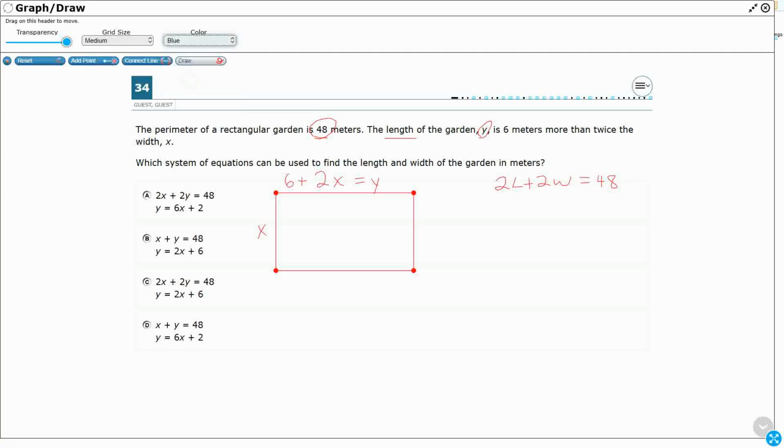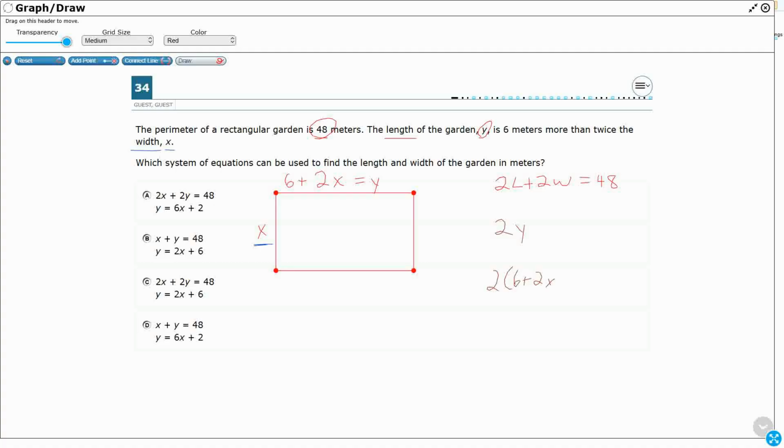Well, let's change colors here. Our width is simply x. So our width is x and our length is y, or our length is 6 plus 2x. So I can plug these in here, and I can say 2 times my length, which is y, or I could say 2 times the 6 plus 2x.